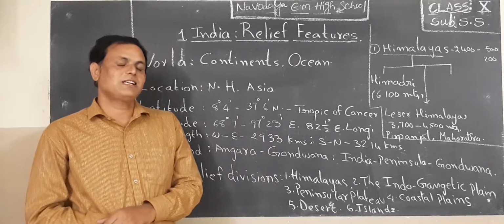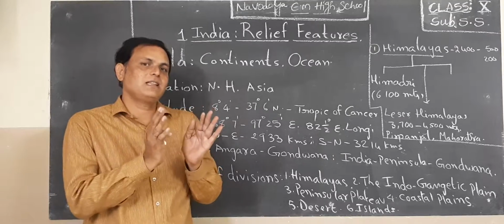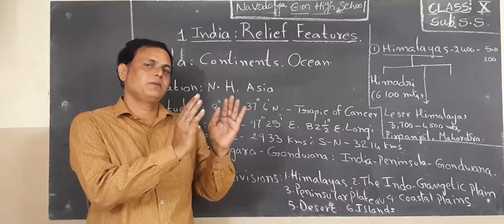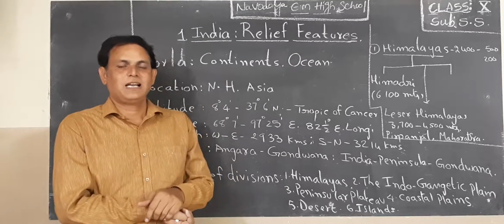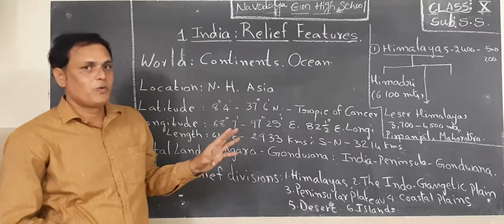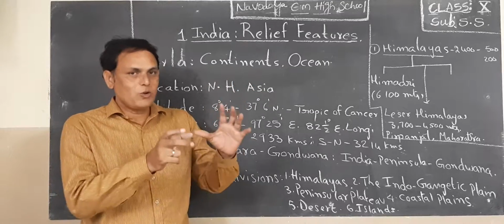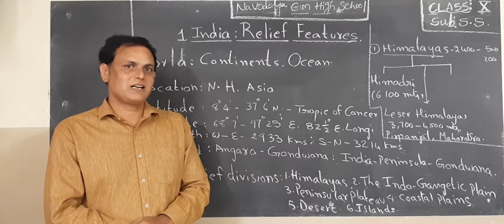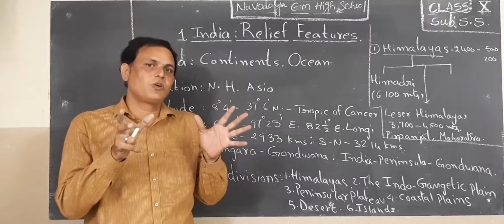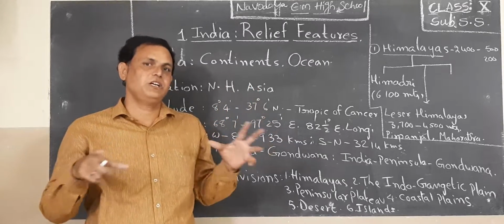That means you may say the location of your present place. Likewise, in the globe, where is India? What is the location of India? So we must know about the location of our India.